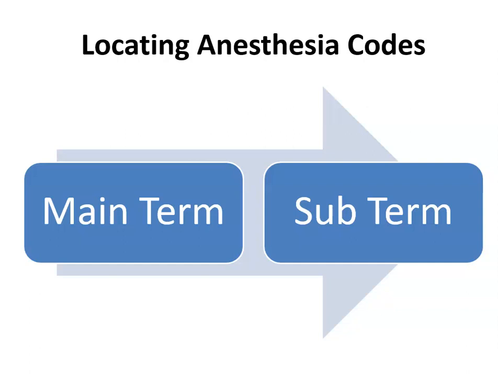Keep in mind, we don't have that many anesthesia codes, so it may not be a 100% exact match for the procedure, because keep in mind, we're just trying to capture the performance of the anesthesia service.